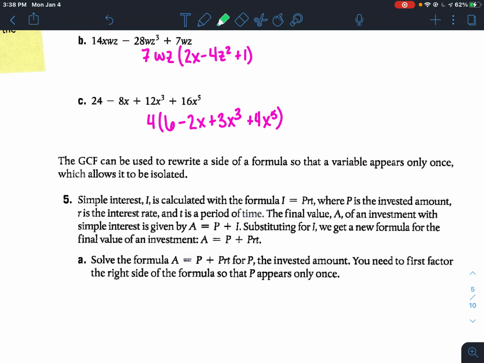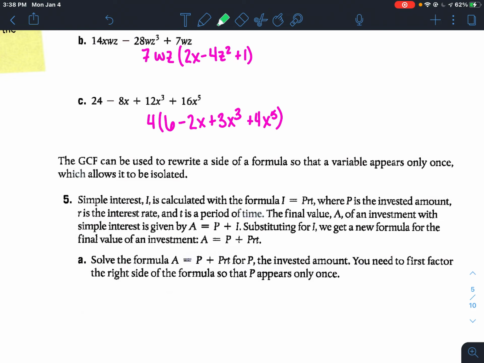Hopefully you've seen that before and you understand what's going on there. The final value A of an investment, or A is the investment with all of the interest included in it. So A is given by P plus I.